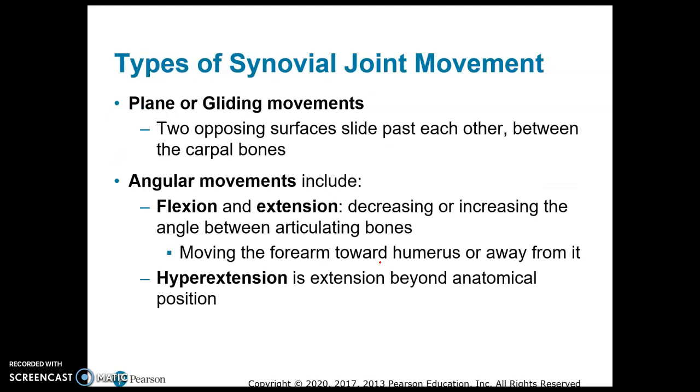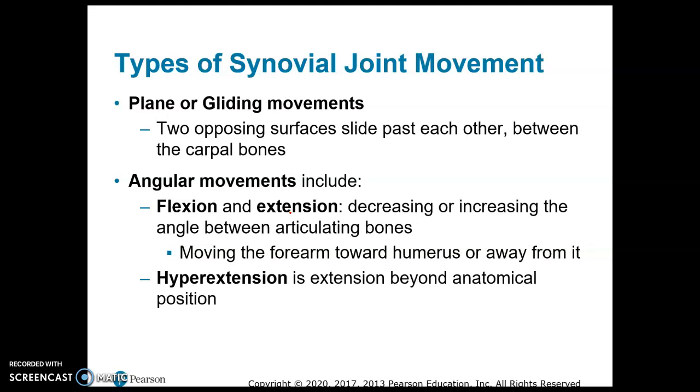These are some types of movements. There's the plane or gliding movements where two surfaces slide past each other, for example, between the carpal bones. Then there's flexion and extension, which is what you do when you have your arm completely straight, you're extending it. And then when you bend at the elbow, that's flexion.